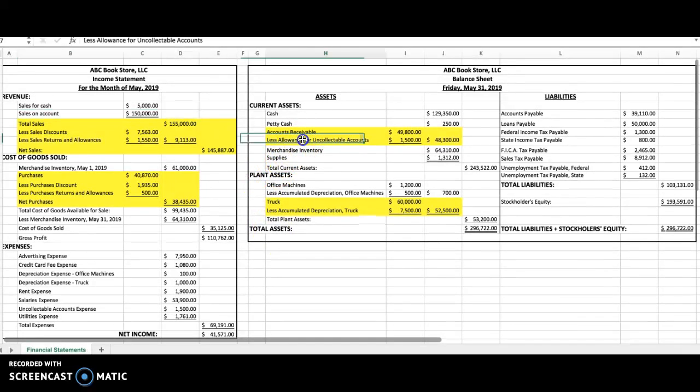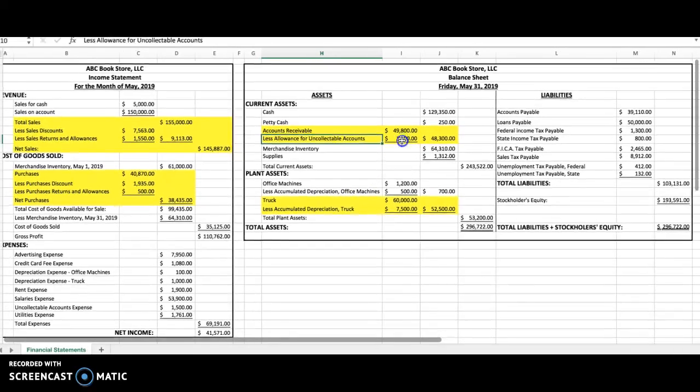So we developed something called the allowance for uncollectible accounts. In other words, if you look at this balance sheet on May 31, 2019, we're guessing, but it's a pretty educated guess, we are guessing that $1,500 of that total $150,000 way over here, again, we sold $150,000 during the month of May, we expect that $1,500 of that amount is not going to be collected.